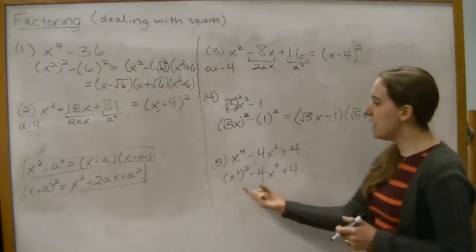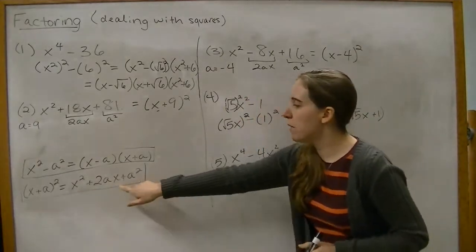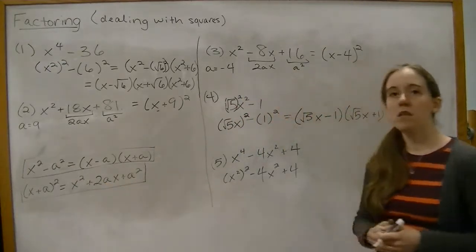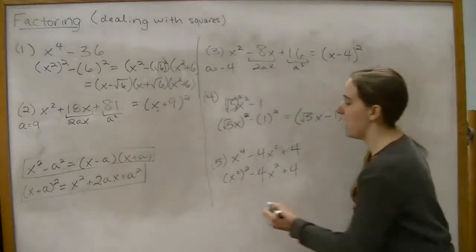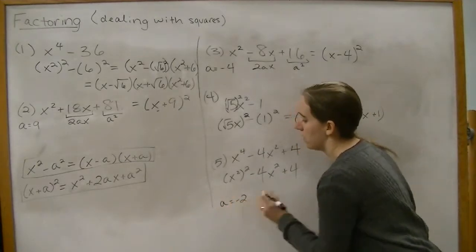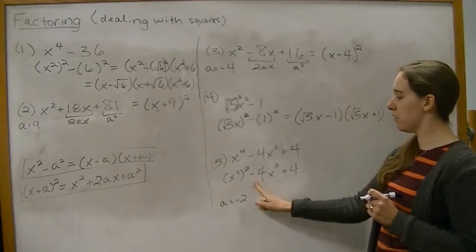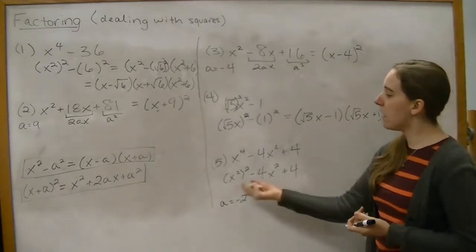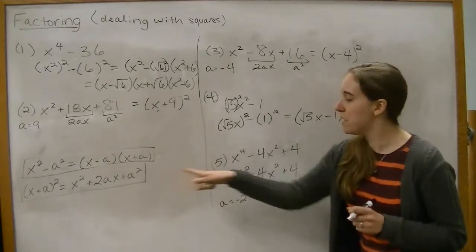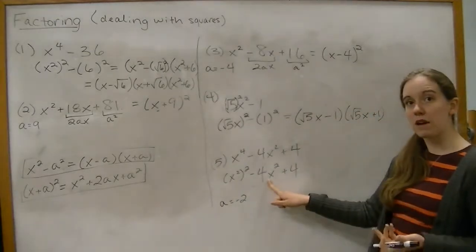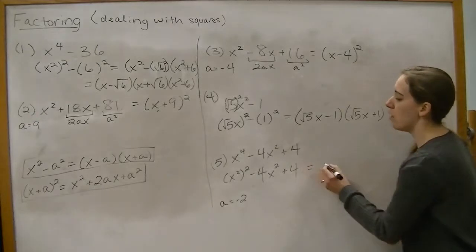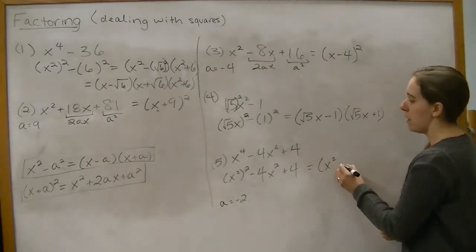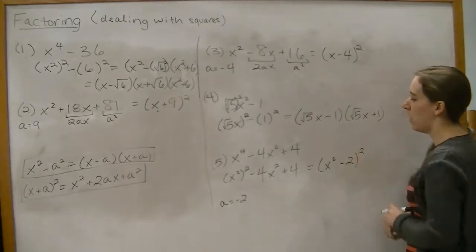So what I'm seeing here is that I have this same form. I have something squared plus 2a times something plus a squared, if a is negative 2, right? Because 2 times negative 2 would give me negative 4, and then negative 2 squared would be positive 4. Except that my something, my x from here, is the same thing as x squared in this case. So I can factor this to be x squared minus 2 all squared.